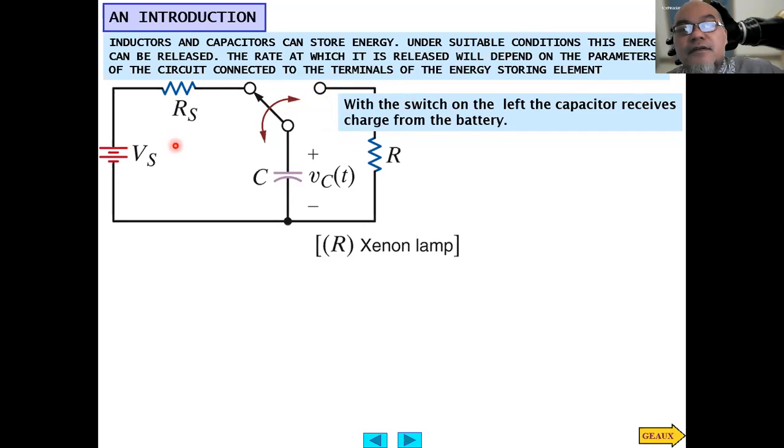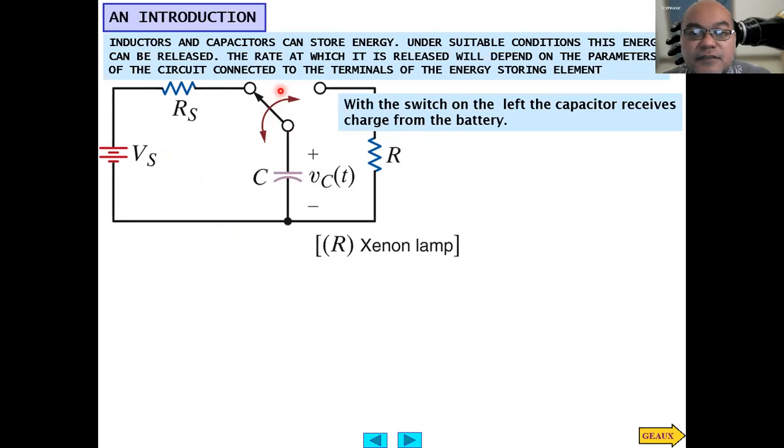Here, for example, with the switch on the left, the capacitor receives charge from the battery. So when the switch is to the left side, the capacitor will receive charges from the battery. Okay, so the battery will fill the charge of the capacitance.